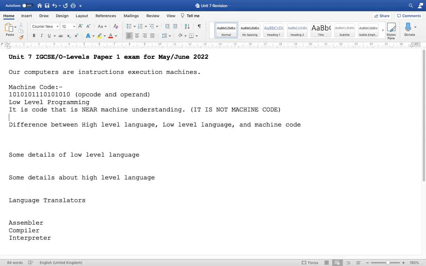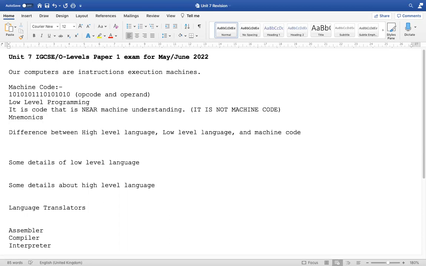But since it resembles somewhat a machine code format, it is said to be near machine understanding. Regardless of which, it makes use of mnemonics. Mnemonics are small words.